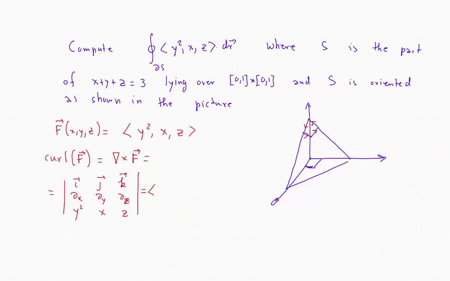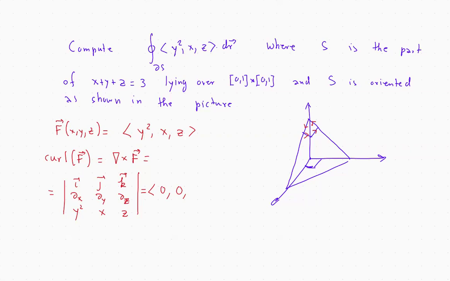Obviously, both of them are 0. Then delete the first row, delete the second column, take the derivative of z with respect to x and subtract from it the derivative of y squared with respect to z. Again, we find 0, and the extra negative sign doesn't give us more.